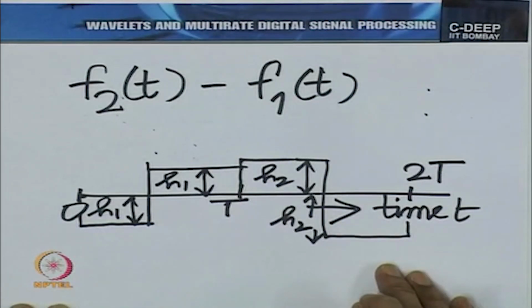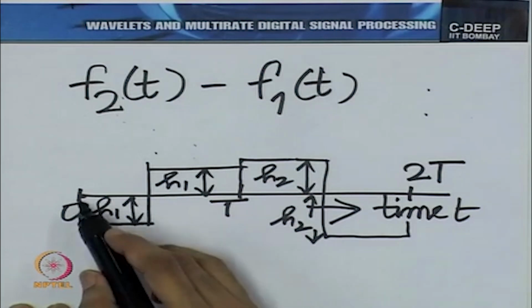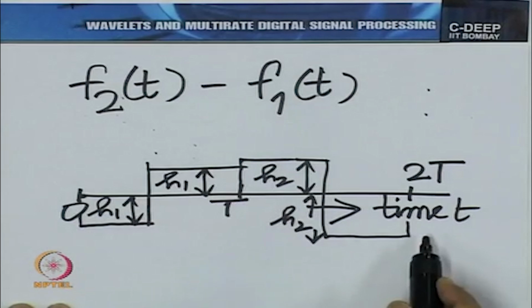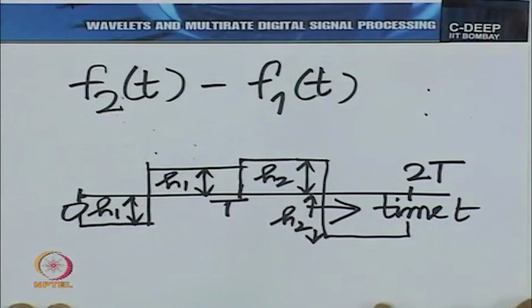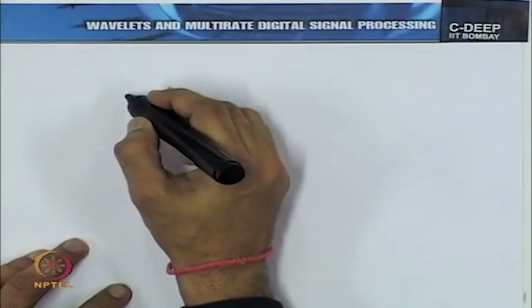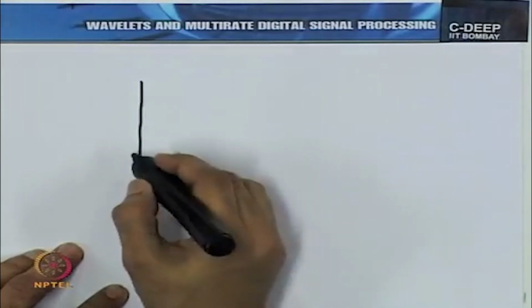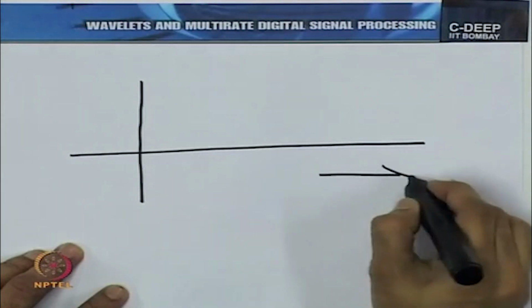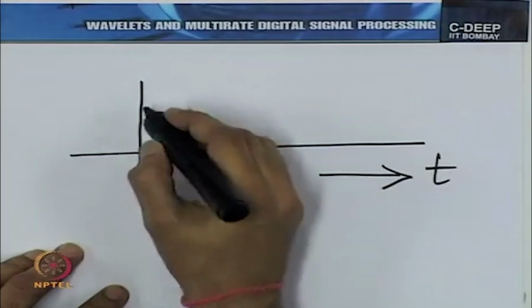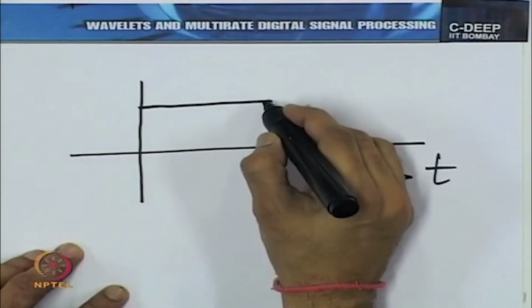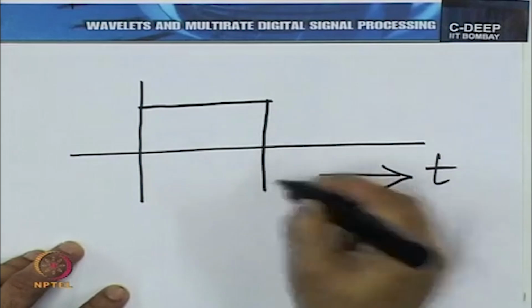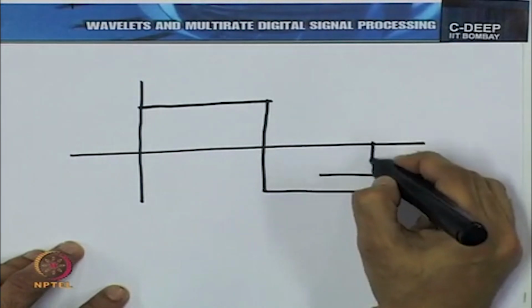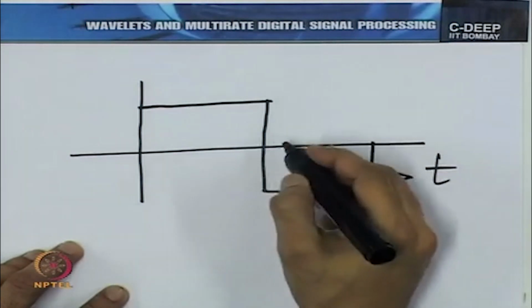Simple enough. Now, if we look carefully, we can construct all of this by using just one function. And what is that function? Suppose I were to visualize a function like this: one over the interval from 0 to 1/2 and minus 1 over the next half interval.